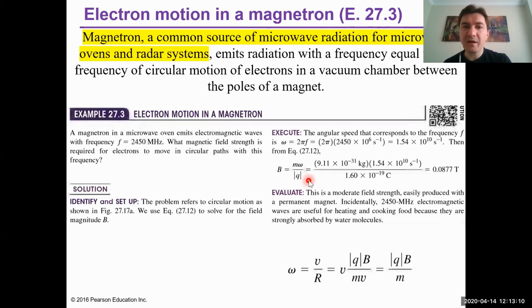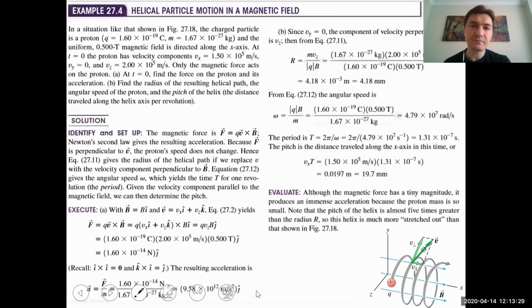We know them, and we have already calculated angular speed. Put it there. Then the required magnetic field is 0.08 Tesla. So just remember that formula for the circular motion of a charged particle in a magnetic field.